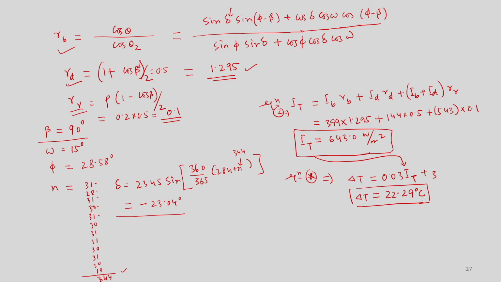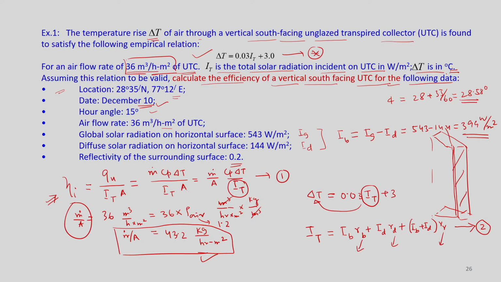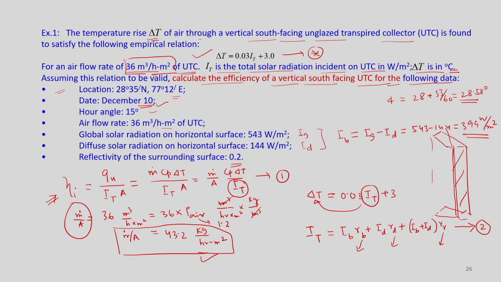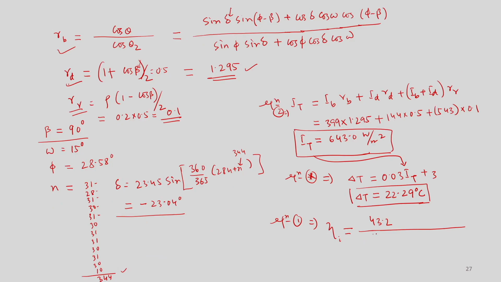Once we know this delta T, we can go back to equation 1. Equation 1 implies eta times IT is equal to mass flow rate m Cp delta T. What we have calculated here for m is 43.2, and we need to convert to seconds, so divide by 3600. It becomes kg per second per meter square.